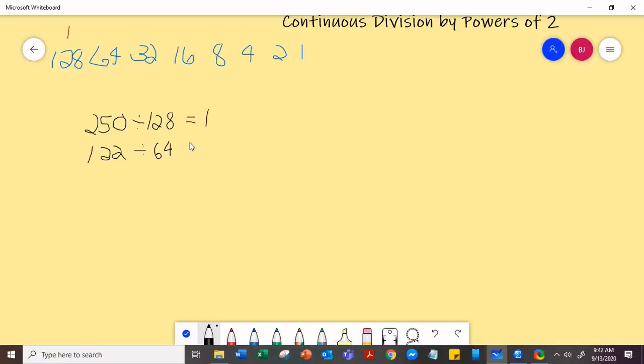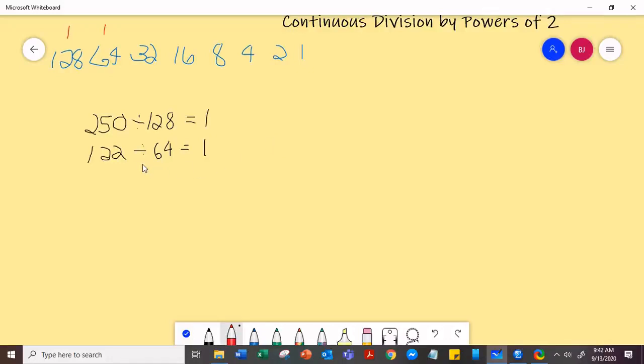It's similar to continuous subtraction by powers of 2, but using a different algorithm or method altogether. So 122 divided by 64 would be 1. The 1 here.